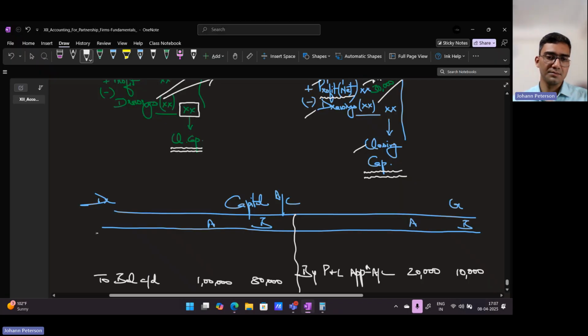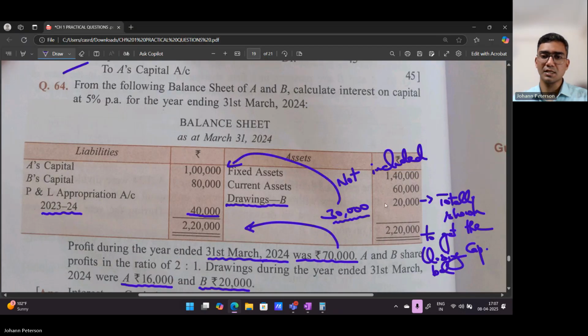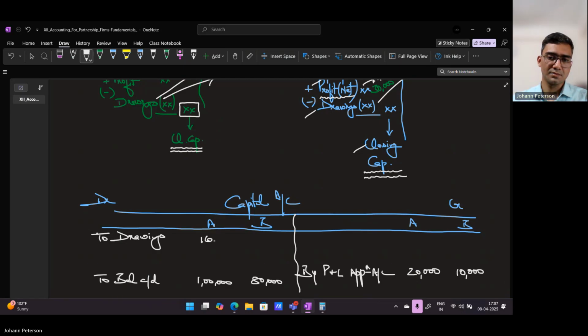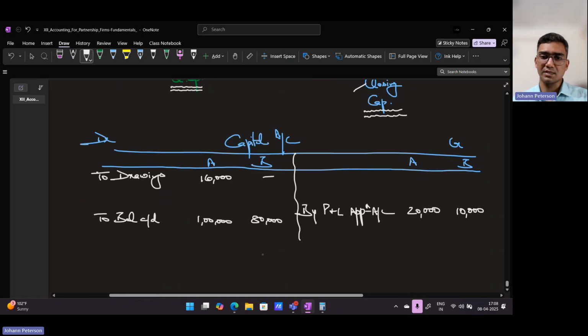So here I will write to drawings, and the amount will be A's drawings, which is how much? A's drawings is 16,000. These drawings don't have to be included otherwise. Now there is practically nothing else to be written in this. So let's find out our balancing figure.